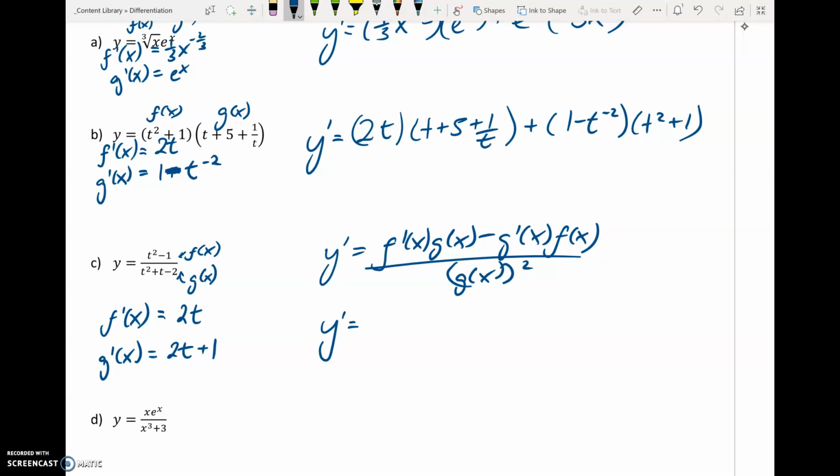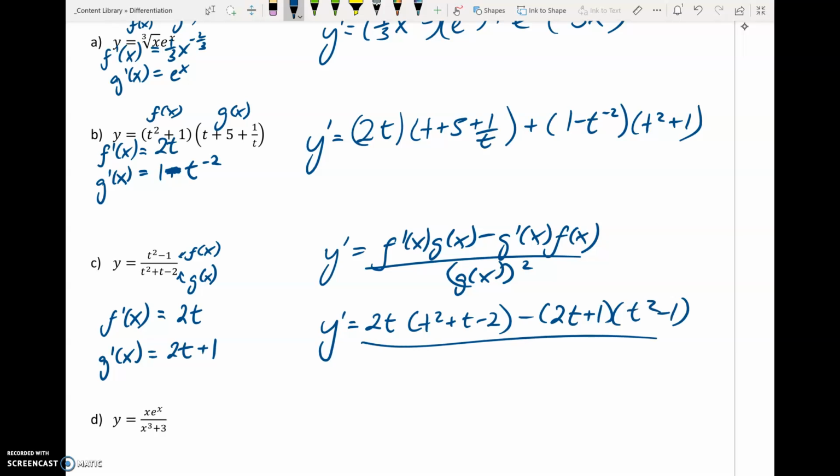So f prime of x was 2t. G of x was given as t squared plus t minus 2, minus g prime of x was what we found, which is 2t plus 1, multiplied by f of x, our numerator, which is t squared minus 1, all over g of x squared. So that's t squared plus t minus 2 all squared.